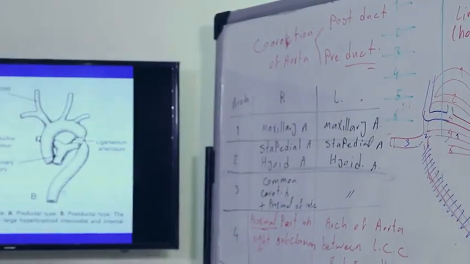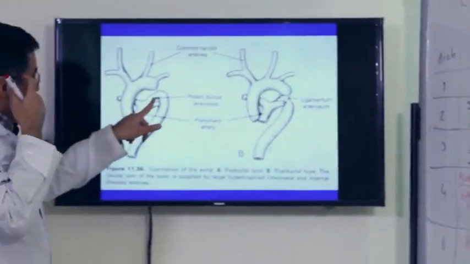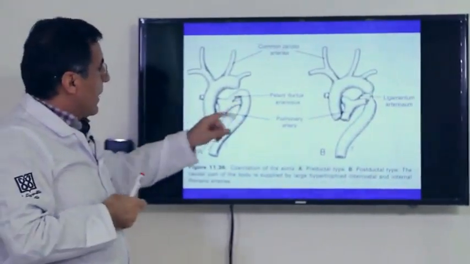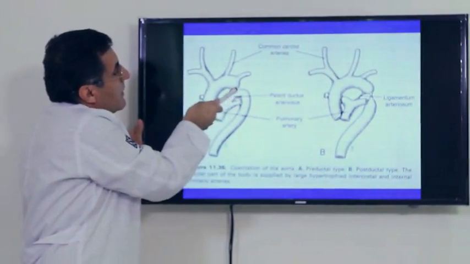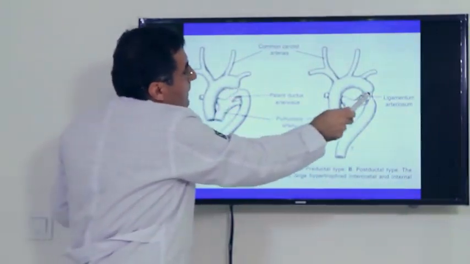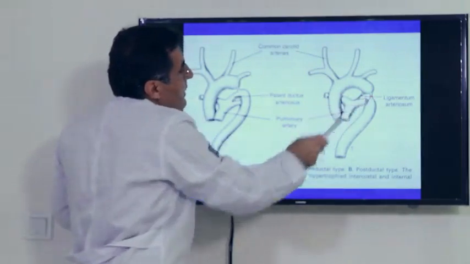Here, the duct means ductus arteriosus. We have a narrowing before the duct, this is preductal, and after the duct, it is postductal.